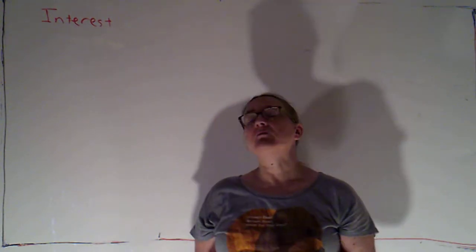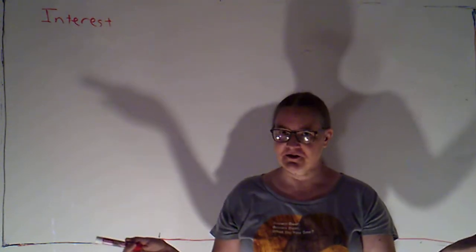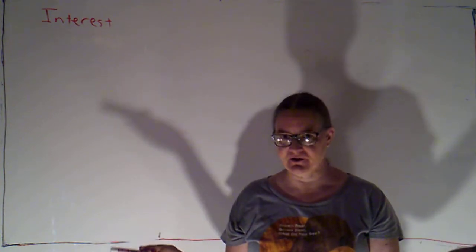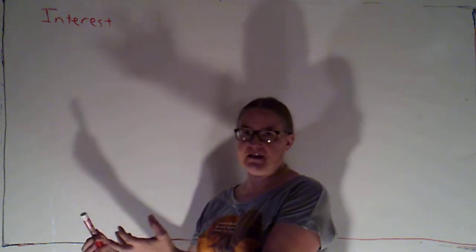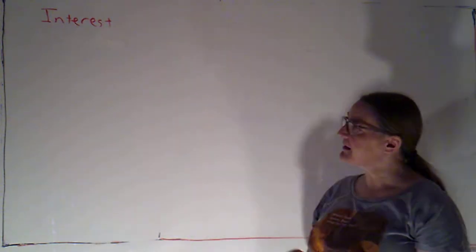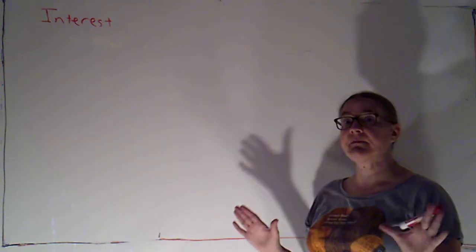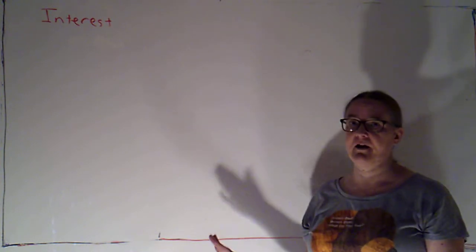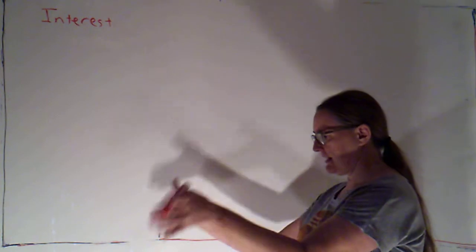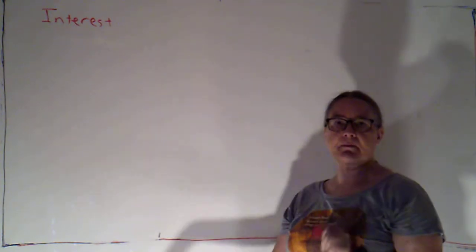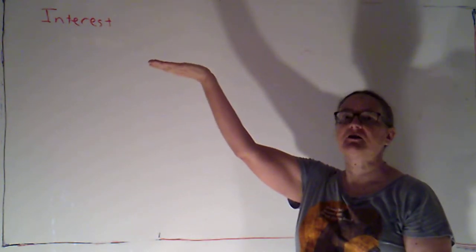Okay. Now, I realize you folks are students. You're probably more familiar with interest in the context of debt than you are in the context of investment. But I'm going to talk about it in the context of investment simply because that's the easier scenario. With an investment, if I just put some money down and it stays there and grows, that's all that's happening. The amount that I have is growing.